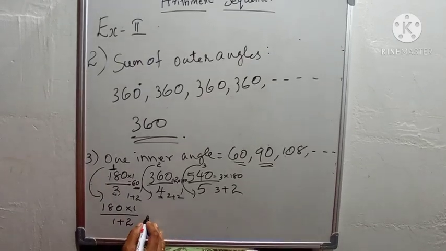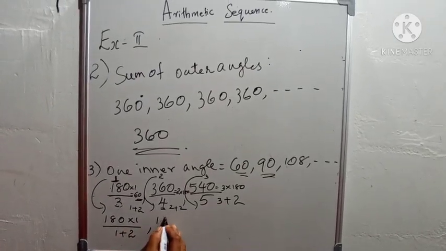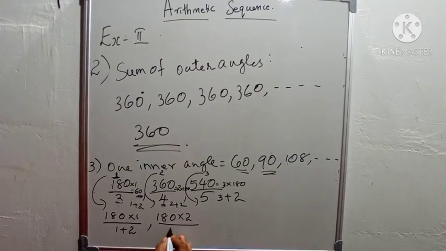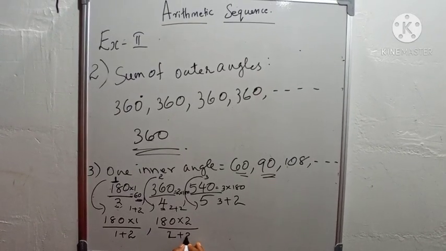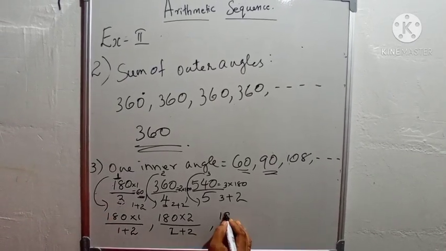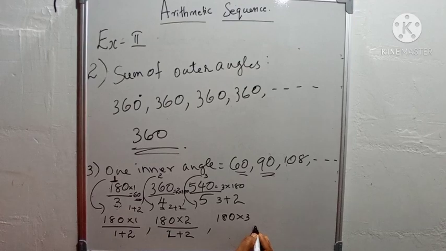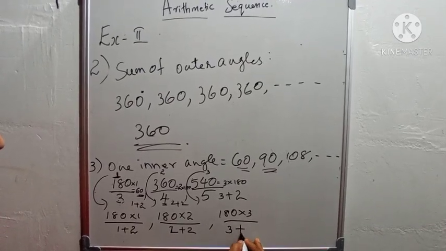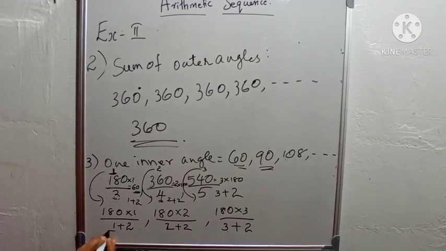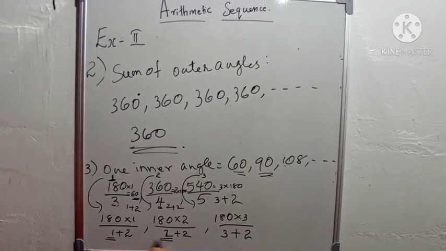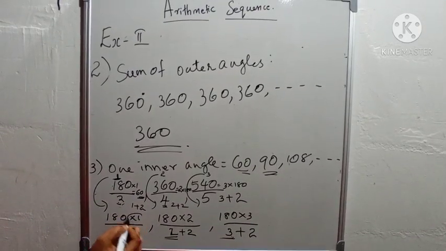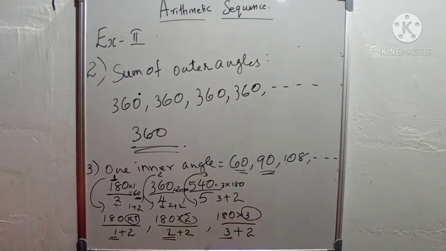And the second term is 180 into 2 divided by 2 plus 2. Next term is 180 into 3 divided by 3 plus 2. Where this 1 is the first position, 2 is the second position, 3 is the third position. These are also the term positions.